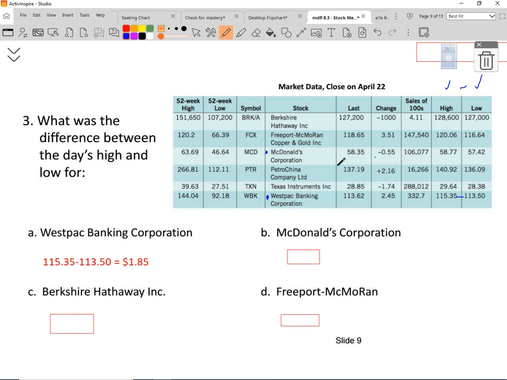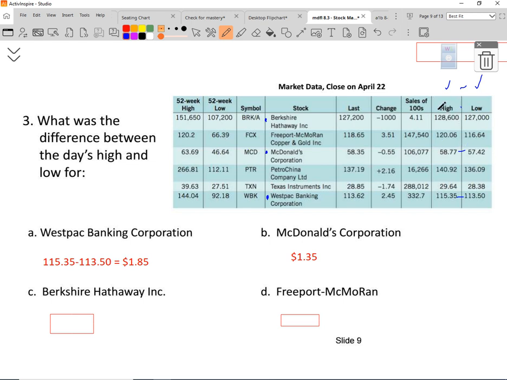If we want to know the difference in McDonald's, we just go up here and subtract their high and lows. 58.77 minus 57.42 for $1.35 change. Berkshire Hathaway is the expensive one up here. $151,650 is the high price for one share for the year.